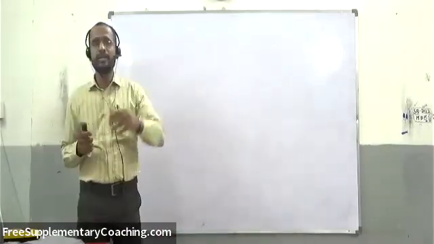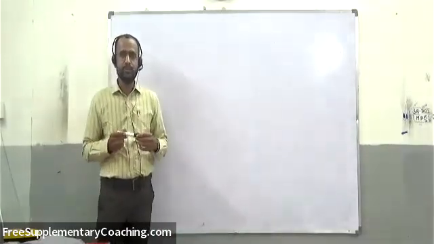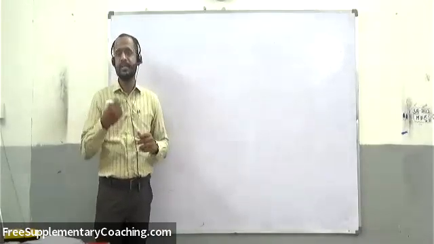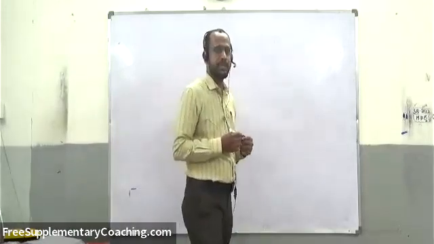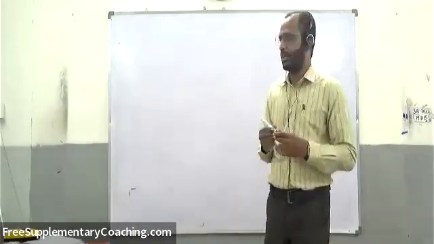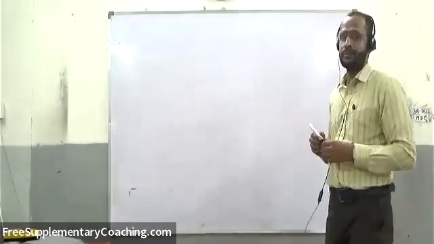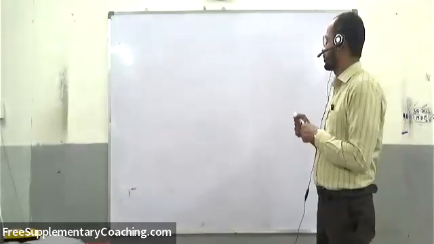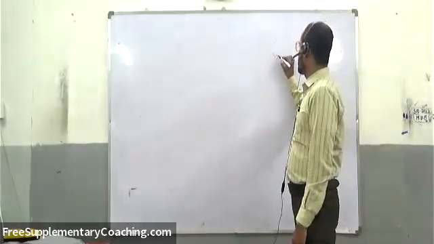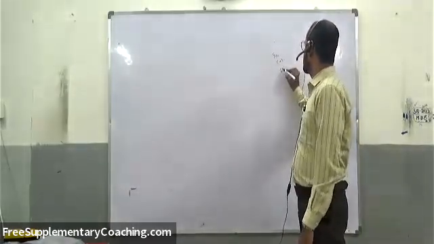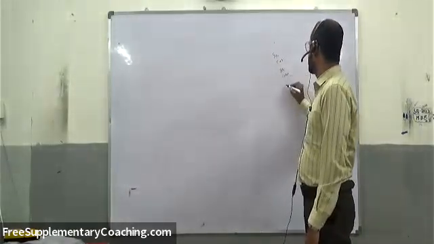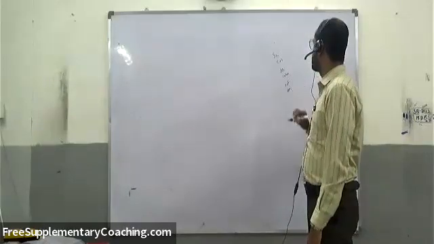Already I have informed you the most important problems that we have done in the class, and I gave them as homework. Today, we are going to learn some reduction formulas. In your integration, we have a total of 6 reduction formulas: sine, cos, secant, cosecant, cot, tan.